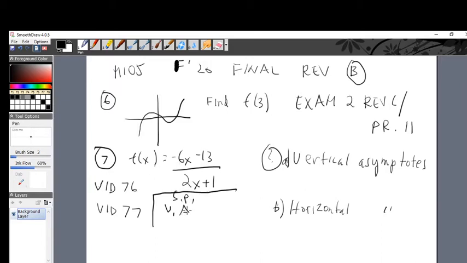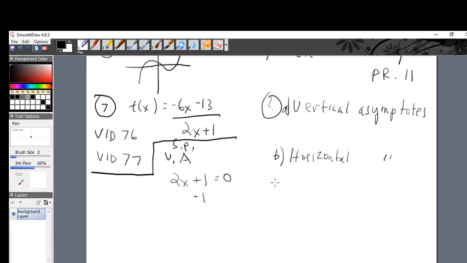We're working on the vertical asymptotes first. Okay, what do we do? Take the denominator, 2x plus 1, make it equal to 0. Okay, solve. Let me bring up the paper. I don't want this to cause us a problem that you can't see what I'm doing.